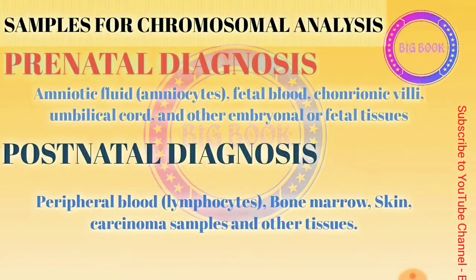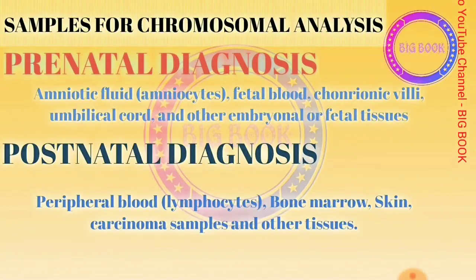So this you all very well know. Amniotic fluid is the fluid from the amniotic sac. In that there will be cells of the fetus, and also fetal blood, meaning the blood of the developing fetus will be taken.